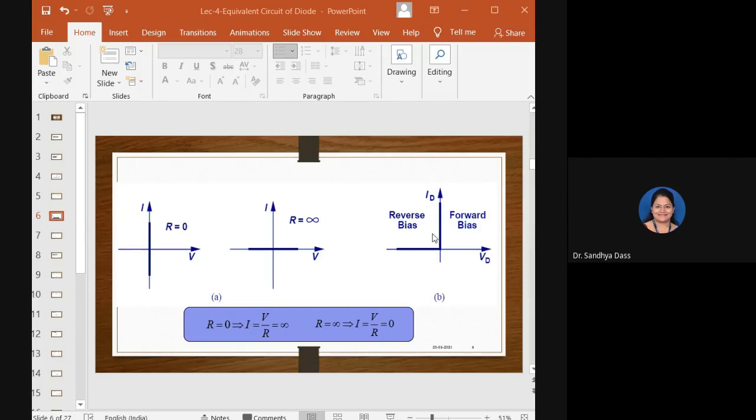Since the reverse resistance is infinite, you can observe the slope is 0 there, and the line is horizontal. So you can take this as the current-voltage characteristics of an ideal diode. I hope you are with me. Are you with me?